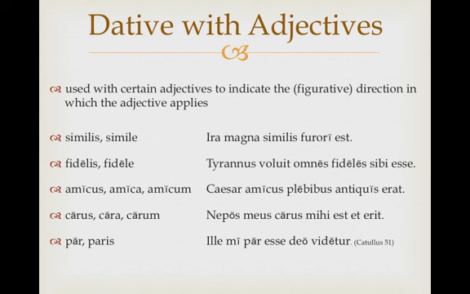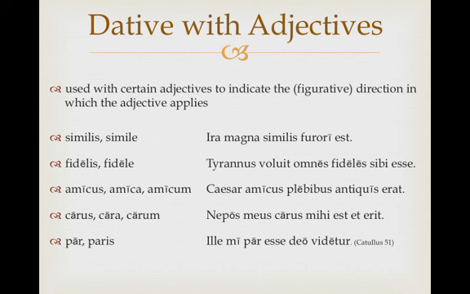And again, if you think about the way that the dative functions, the dative does show figurative direction, right? It doesn't show place to which, that's accusative. But it does show the figurative direction when it's used as an indirect object as well. You know, I give a rose to my friend. The figurative direction there, the indirect object, would be to my friend.